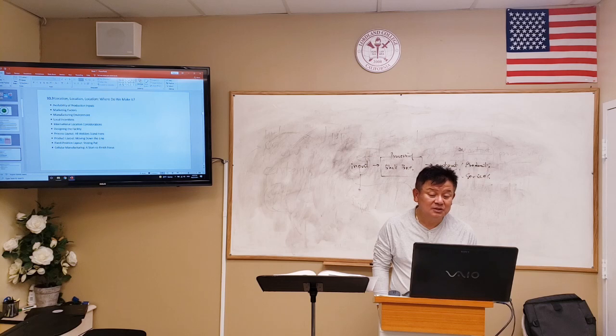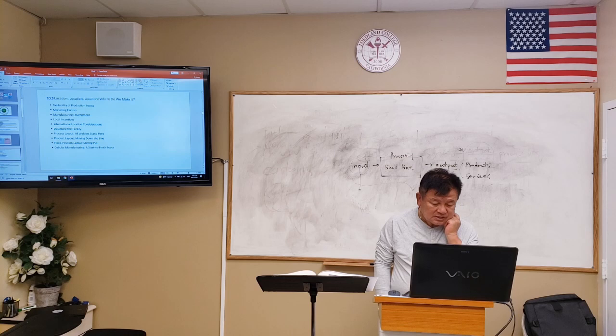That's why they repeat it three times: location, very important. Where do we make it? When we refer to location, we refer to several related factors. These are availability of production input, marketing factors, manufacturing environment, local incentives, international location consideration, and designing the facility.